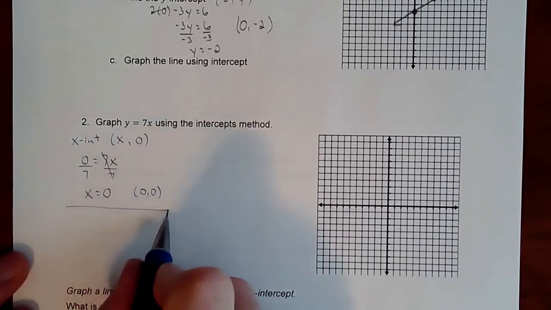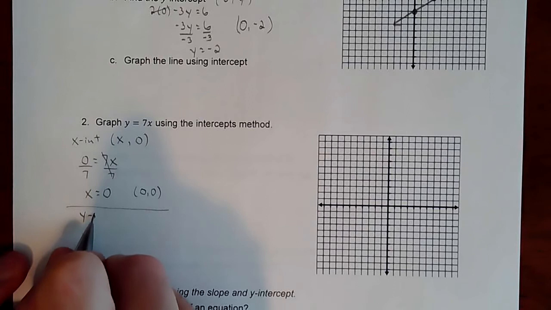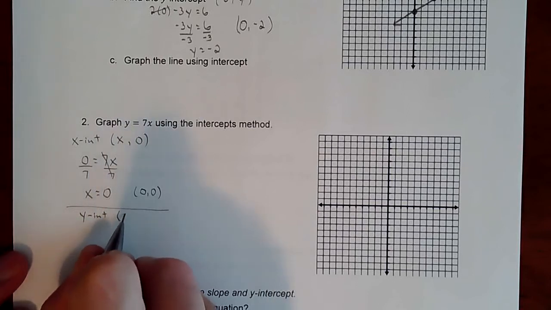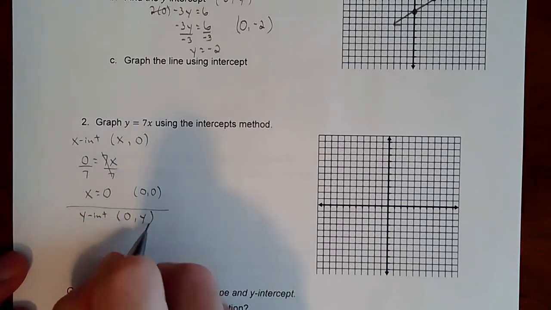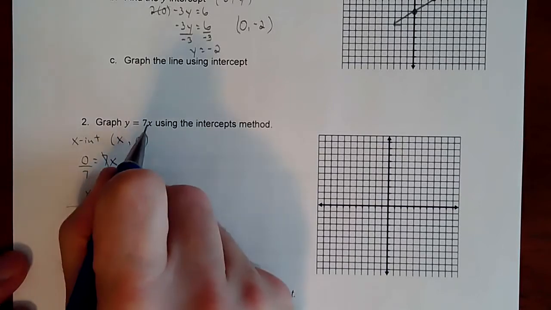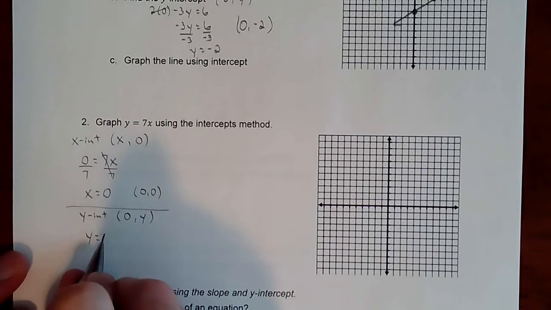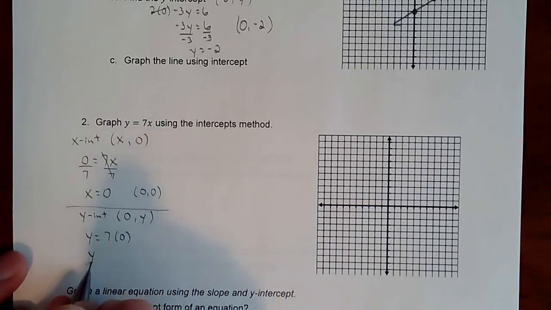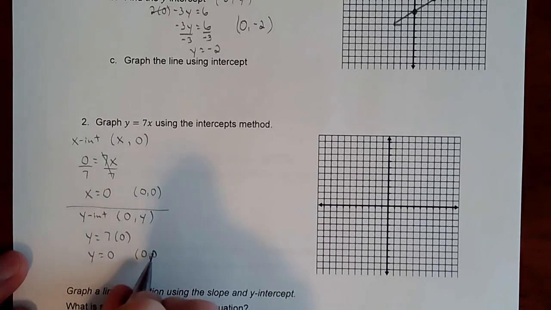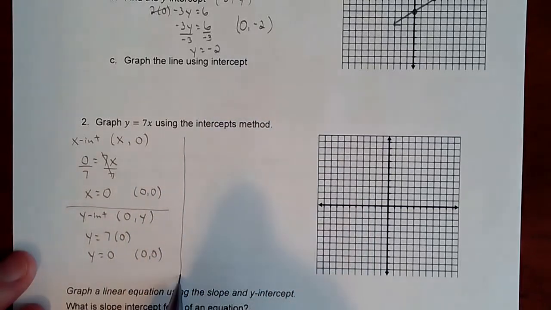Let's do our y-intercept. Y-intercept is 0, y. So 0 for x. Y we don't know. So 7 times 0 is 0, so y equals 0. Huh. Okay, so some thoughts on that.